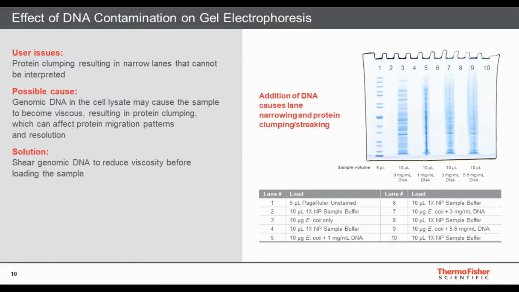DNA contamination causes the samples to become very viscous, which can result in protein clumping and streaking during electrophoresis. Sonication and other methods that help shear genomic DNA can help reduce viscosity and can minimize the impact of DNA contamination on gel runs.